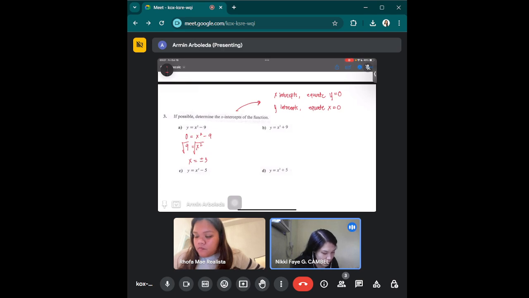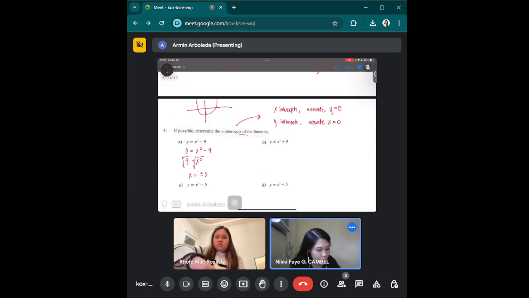So, nakuha na natin yung x, right? It's asking us the x-intercepts of the function. So, it's gonna be asking us the points. Okay? Where in the graph is the curve intercepting with the x-axis. So, that's here. As you can see, you have two intercepts.